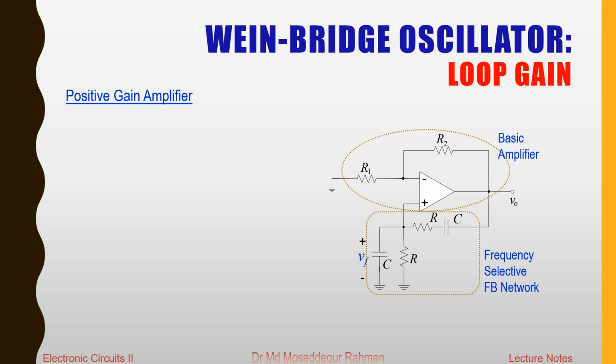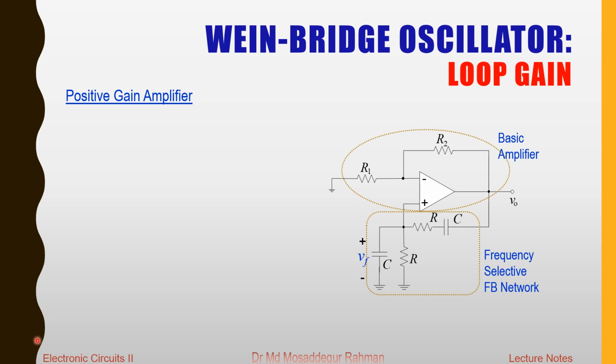Now we'll analyze this Wien bridge oscillator circuit to determine the conditions that we must fulfill in order for the circuit to work as an oscillator circuit, and also we'll determine the expression for the frequency of oscillation.